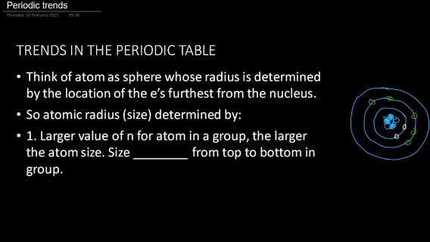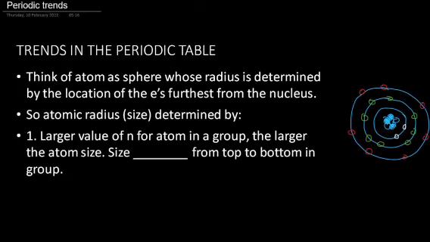And the atom that has electrons sitting on the second level is going to be smaller than the atom whose furthermost electrons, or what we call valence electrons, are sitting on the third level.